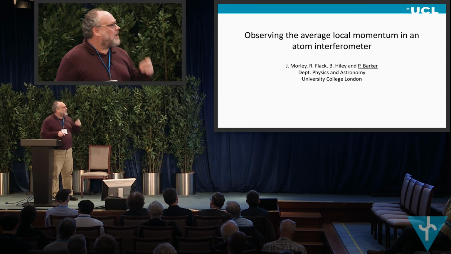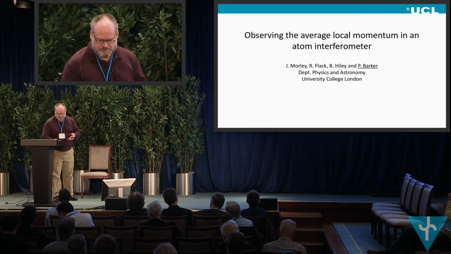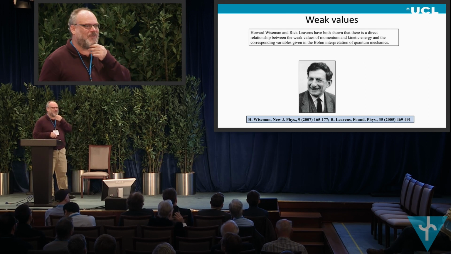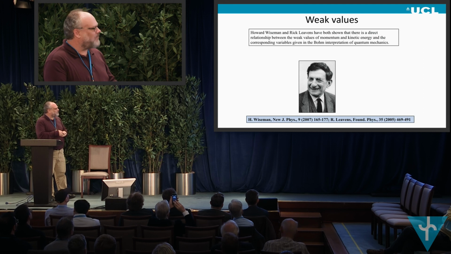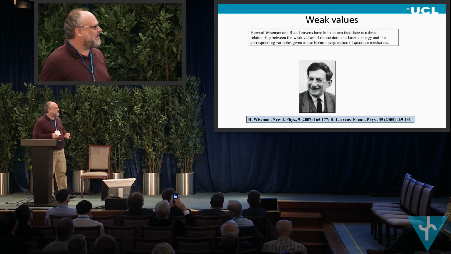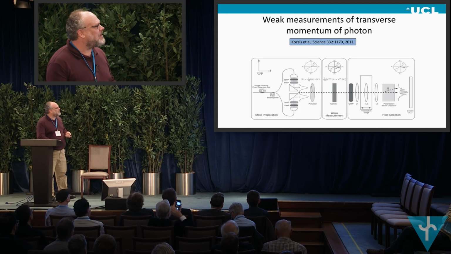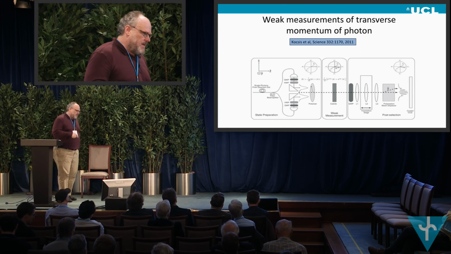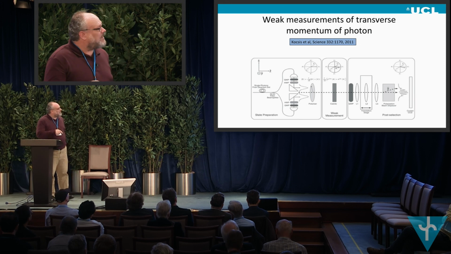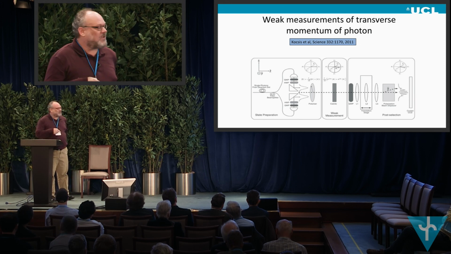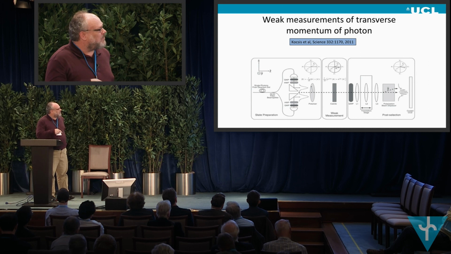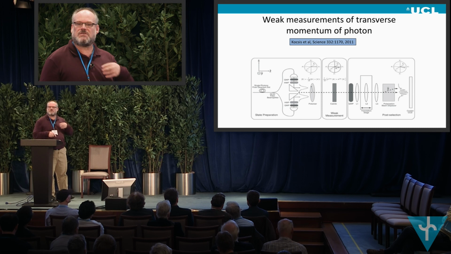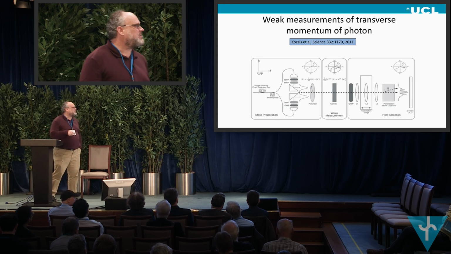What I'm going to talk about, you've heard over and over again, so I'm not going to go through this too much, because what we really want to do is to recast this experiment that was done by Steinberg's group, done with photons, into using an atomic system and using atomic polarization.